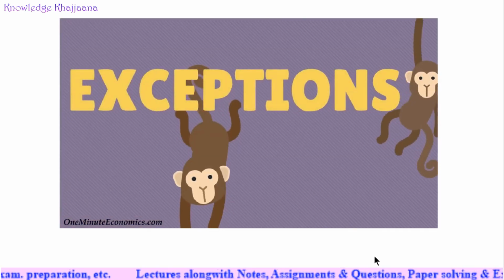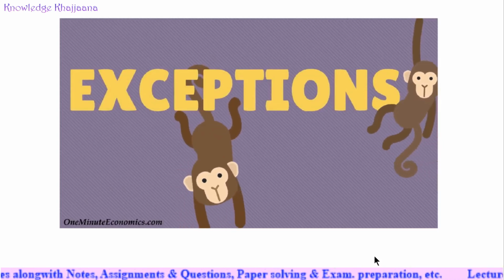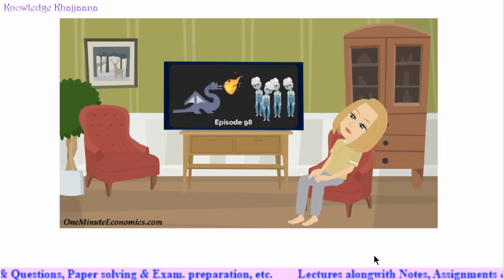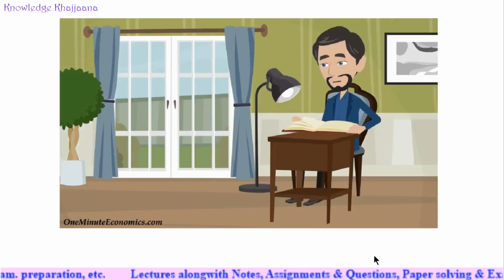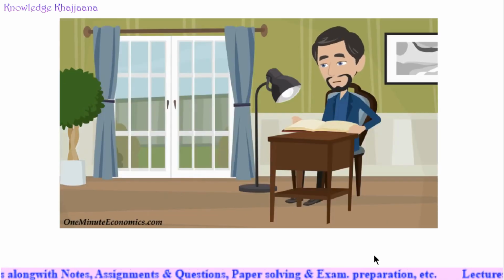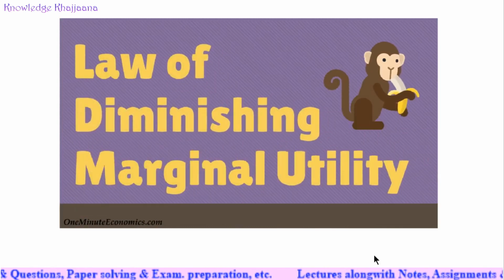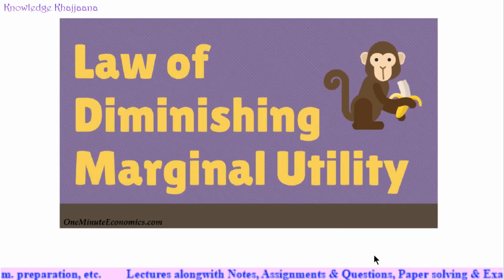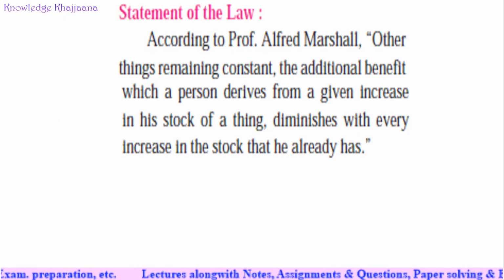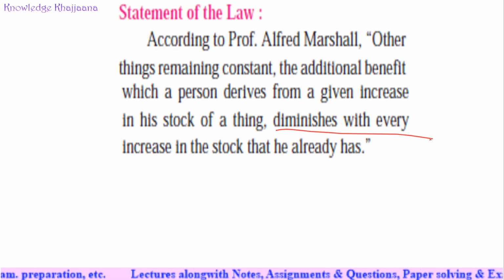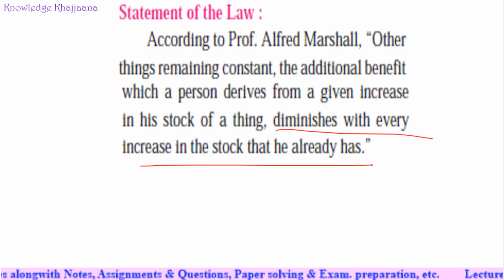Of course, there are exceptions, anything from deriving more pleasure from binge-watching several episodes of a show rather than just one, to enjoying your stamp collection more as you continue adding to it, but all in all, the law of diminishing marginal utility provides a decent glimpse into how humans consume. See what the statement of the law says. According to Professor Alfred Marshall, other things remaining constant, the additional benefit which a person derives from a given increase in his stock of a thing diminishes with every increase in the stock that he already has.